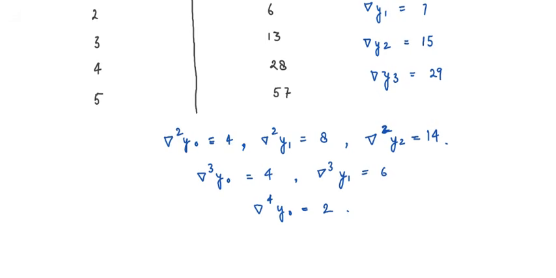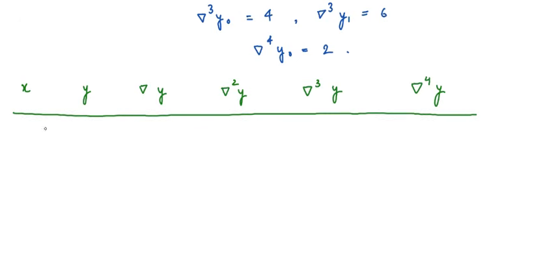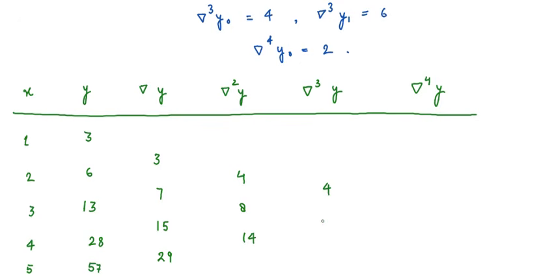Hence the table becomes x, y, nabla y, nabla square y, nabla cube y and nabla 4 y, where the x values are 1, 2, 3, 4 and 5 and the y values are 3, 6, 13, 28, 57, and hence the differences are 3, 7, 15, 29, then 4, 8, 14, then 4, 6, and then 2.